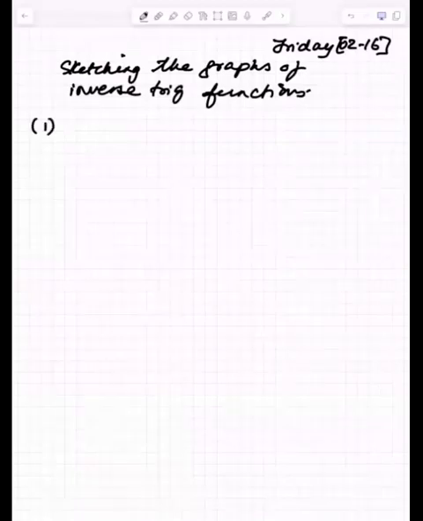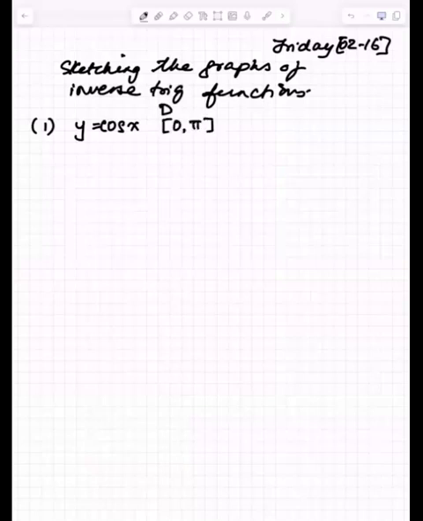First, we know all the restrictions, so let's sketch everything. So we have y is equal to cosine of x, which we restrict, so we make this the domain from 0 to pi, and the range is -1 to 1.